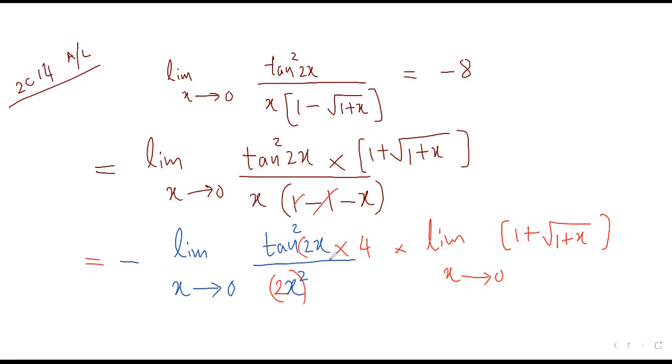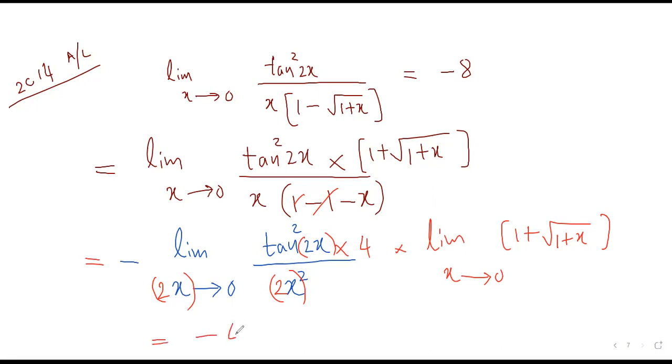Now 2x is okay. I told you tan x over x is also going to 1 because tan is sine over cos, no? If you want, you can write it that way. tan squared 2x can be written as sin squared 2x over cos squared 2x. Or you can take it as a product of three limits. You can also take 2x going to 0 directly and make it 1.